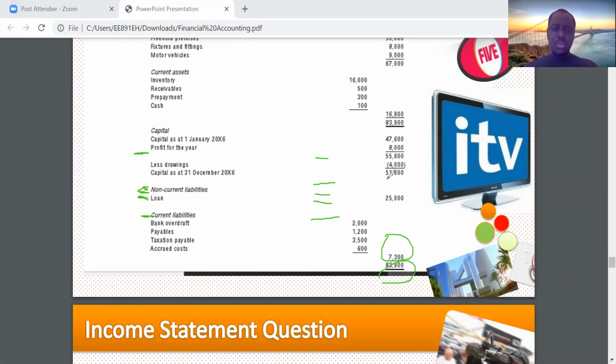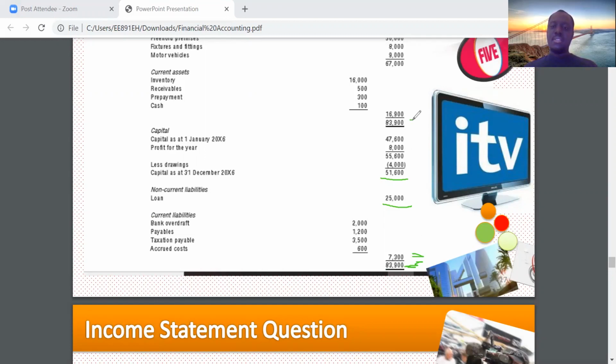Now you need to add capital plus liabilities. So your capital was what? 51,600. Your non-current liability is how much? 25,000. And your current liability is how much? 7,300. So if you add 51,600 to 25,000, the non-current liabilities, and your current liabilities of 7,300, you have 83,900. And that would balance with your assets.